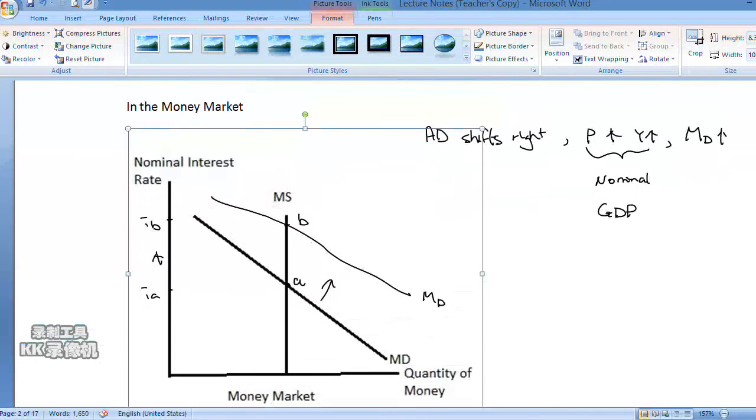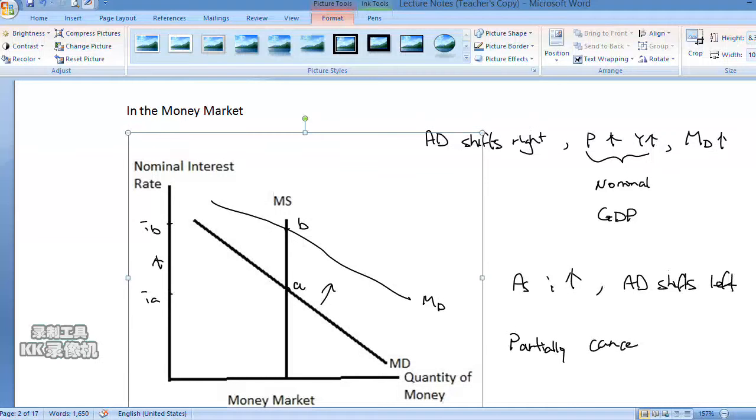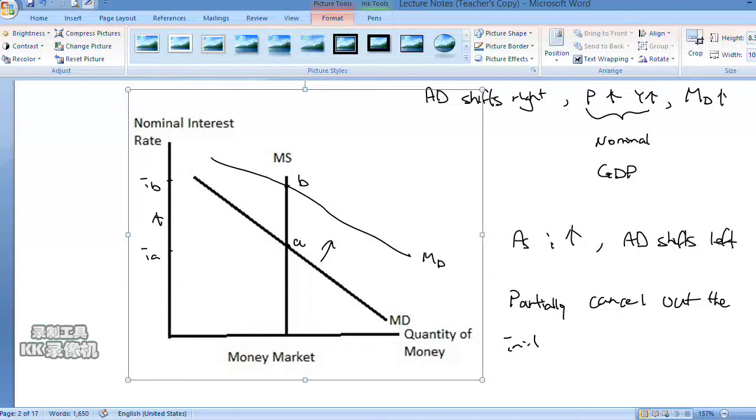Okay, so as interest rate goes up, this will shift the AD curve to the left. So it will partially cancel out the initial rightward shift of the aggregate demand curve, which is from increasing government spending.